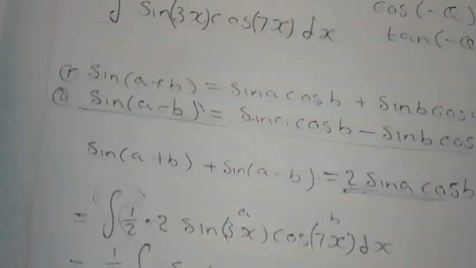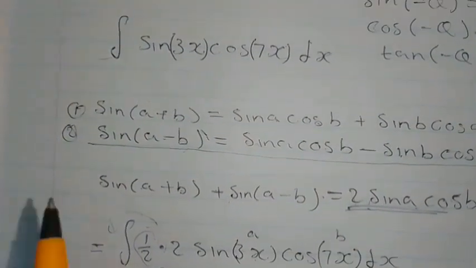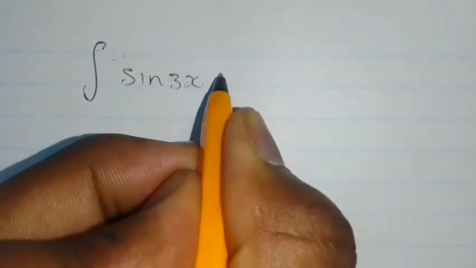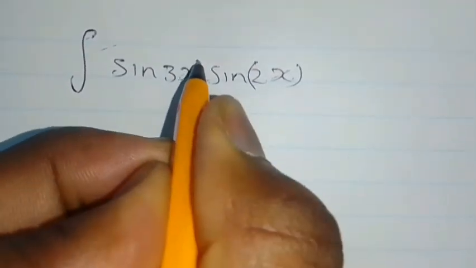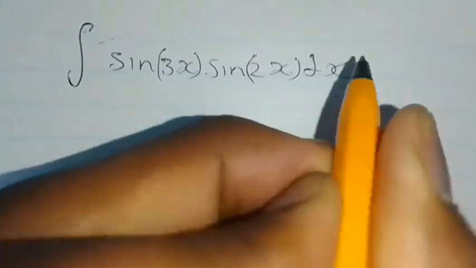But sometimes you don't have sine cos. Sometimes they can give you sine sine. Let's work on where you are given sine. So let's say you are provided sine 3x sine 2x dx.